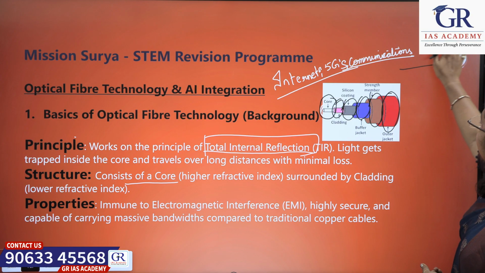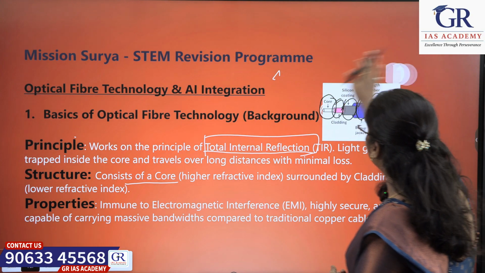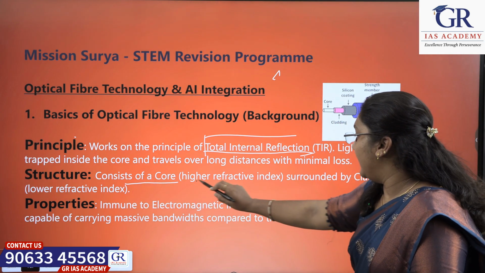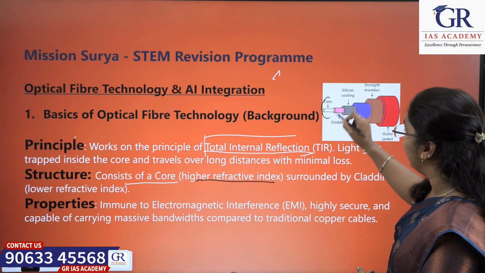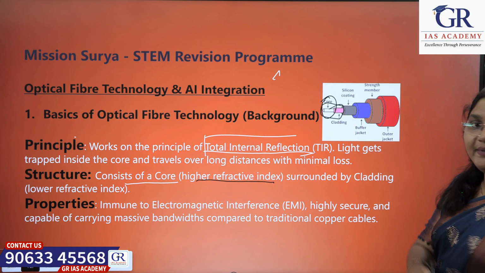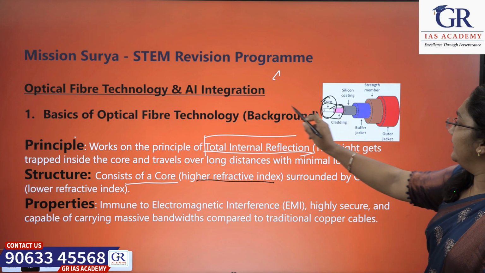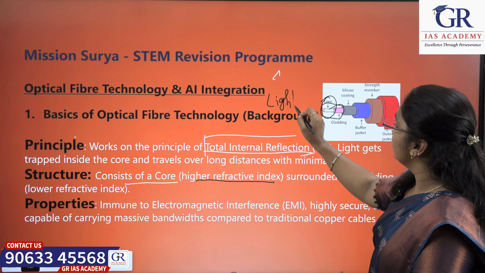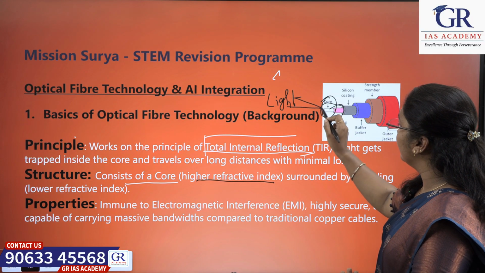Okay, now see, the core has a higher refractive index, which is surrounded by the cladding. Where generally the light, consider light, first enters into the core.